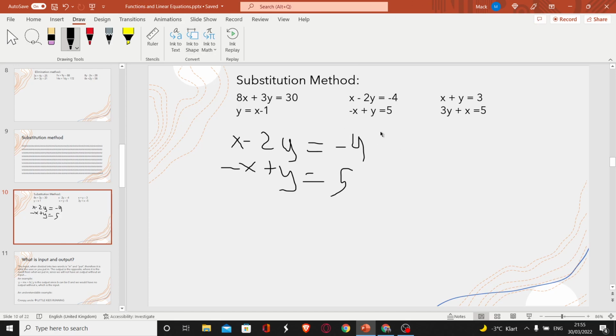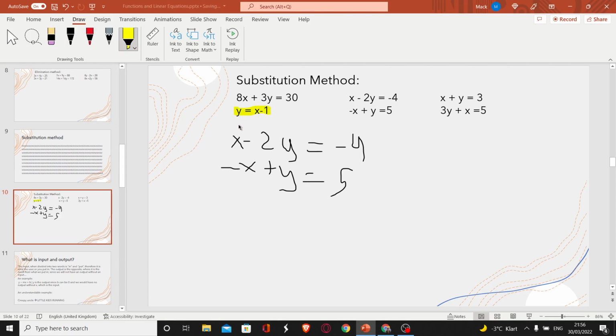So we are given two equations, x minus 2y equal to minus 4. Now how do we use the substitution method? Remember, the rule is that if you want to use the substitution method, one equation will have only one variable on one side. On the other side can be anything. For example, here I'll just highlight this.